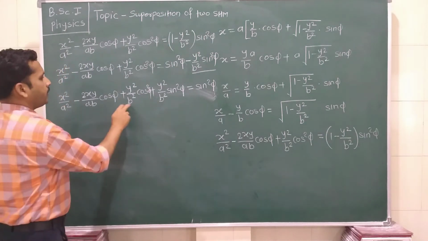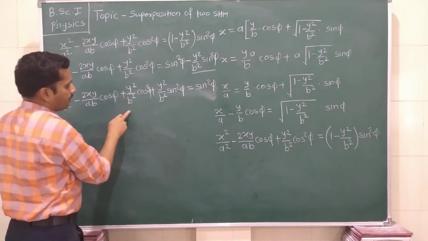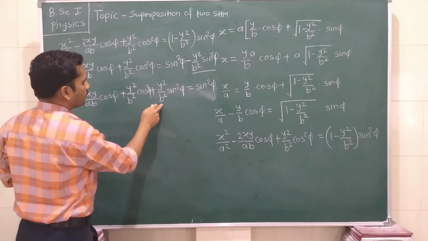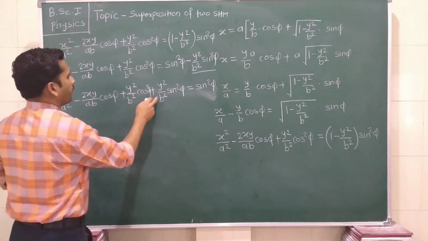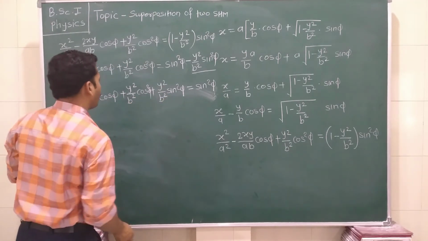Now, we take y square by b square common from these two terms, therefore we remain with cos square phi plus sin square phi, which is equal to 1.